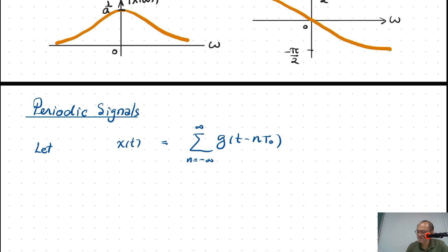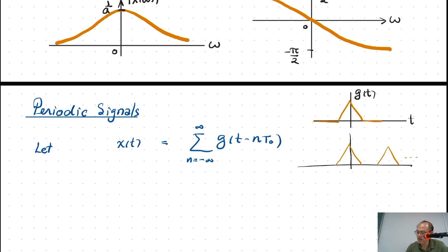For example, if G is this signal, then X would be G placed every T0. So X would be this, this, and go on.